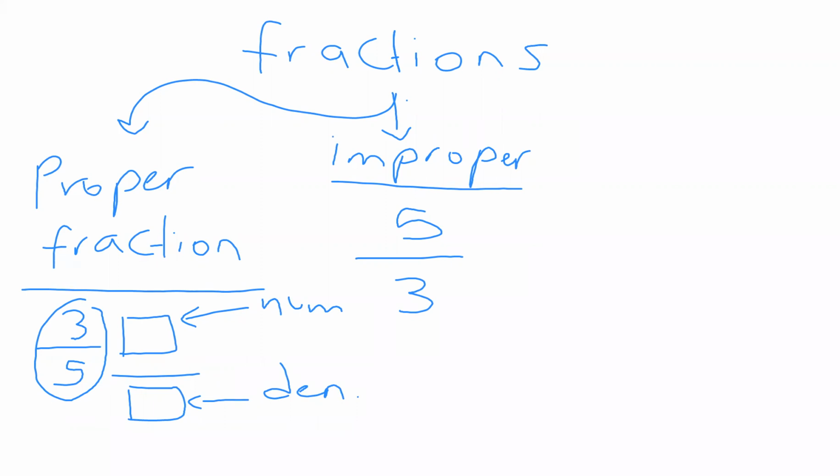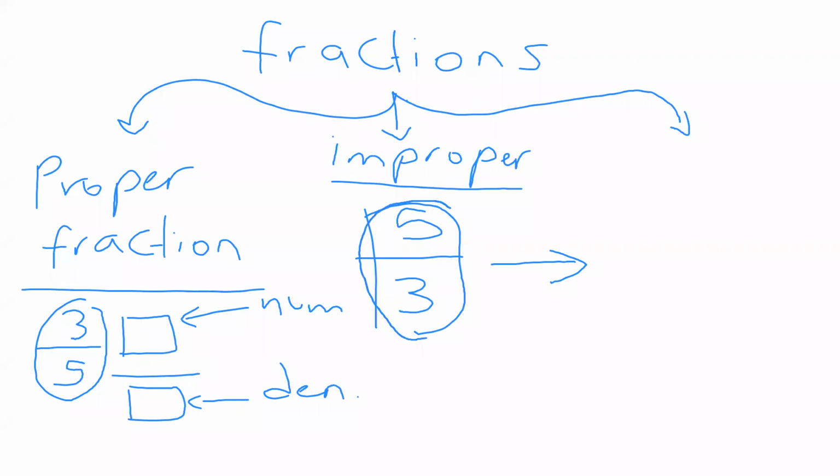This improper fraction, we usually convert into another form of fraction to make it right. How do we do this? We convert the improper fraction into another form, which is the mixed fraction, or sometimes we name it mixed numbers.